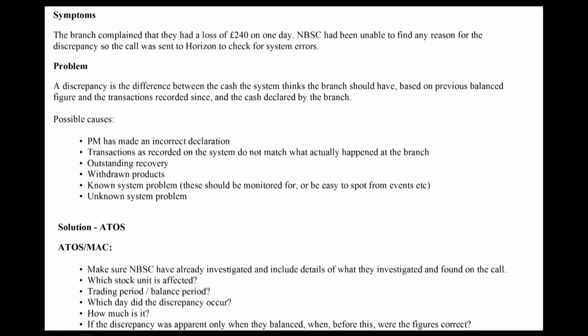Possible causes: 1, postmaster has made an incorrect declaration; 2, transactions as recorded on the system do not match what actually happened at the branch; 3, outstanding recovery; 4, withdrawn products; 5, known system problem. These should be monitored for or be easy to spot from events. 6, unknown system problem. Solution.